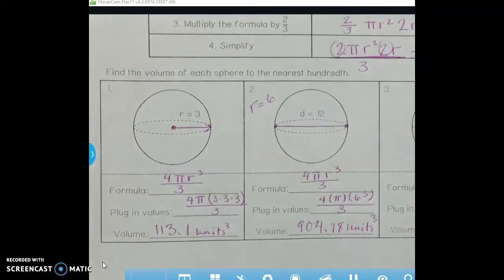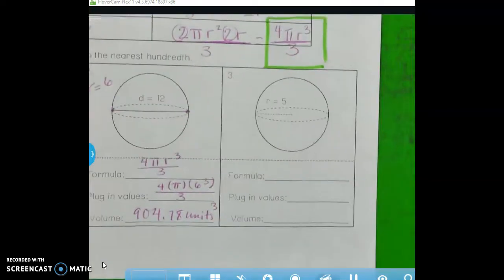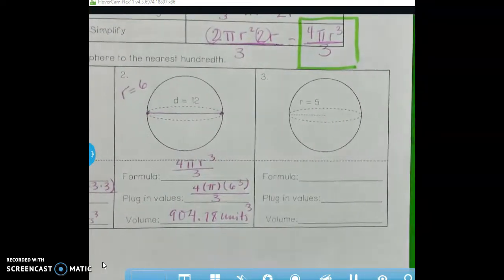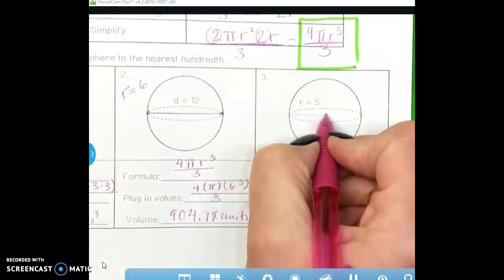All right, one more example. I would like for you to take a moment to see if you can set this up and go through what my formula is and how it works. I know this is only the third example, but we have been working with the pi, the radius, and this question is ready.